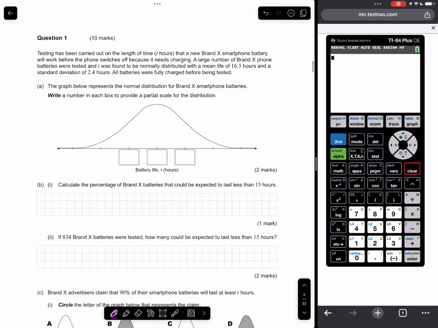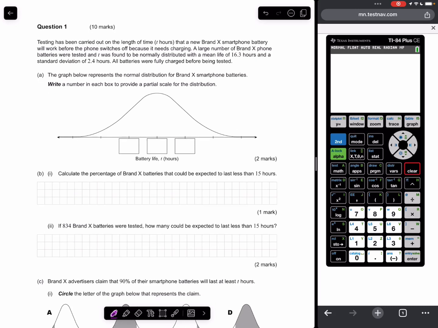Question 1. Testing has been carried out on the length of time that a new brand X smartphone battery will work before it switches off. A large number of brand X phone batteries were tested. T was found to be normally distributed with a mean of 16.3 and standard deviation 2.4.